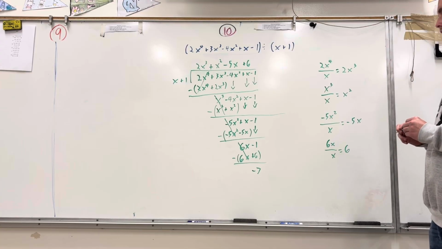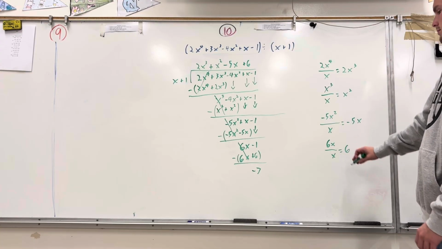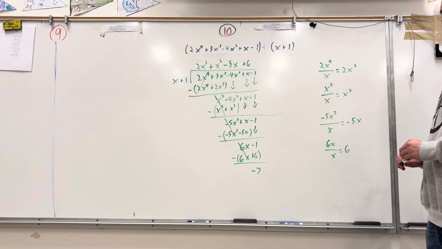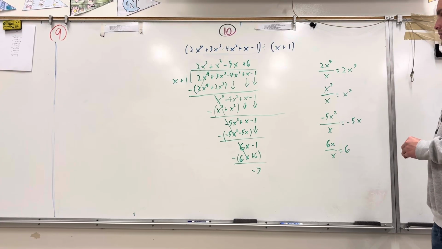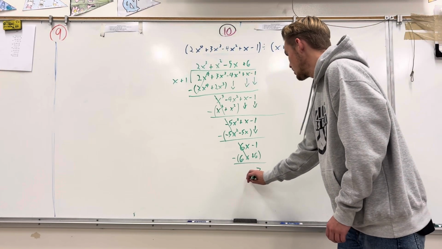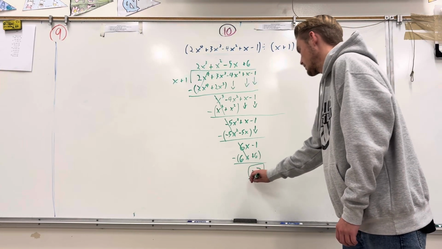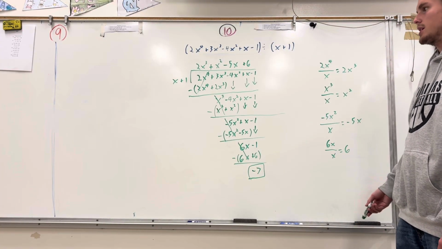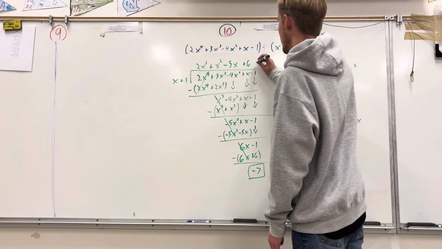Now, we cannot divide negative 7 by x and get a whole number. So what we're doing now is we're left with this number down here. This number, similar to synthetic division, is what we call our remainder. So we're taking whatever number we're left with, it's our remainder, and we're tagging it along the end.